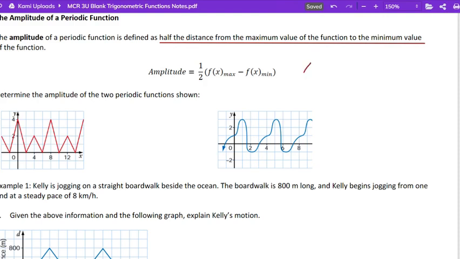So if I were to draw a sound wave, also known as a sine wave, then my amplitude is half of the height.